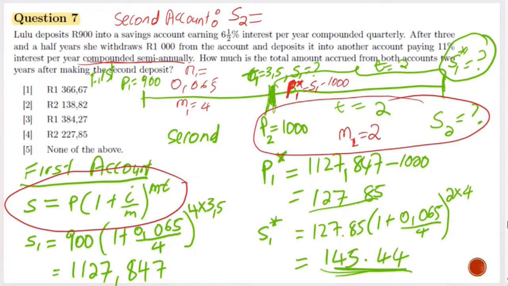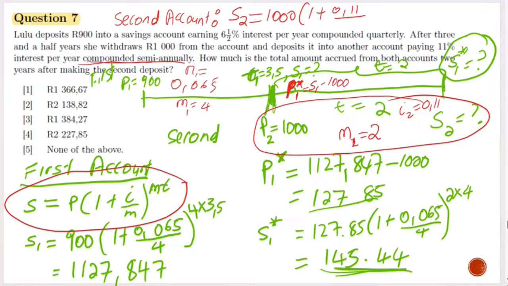It's a new account, so she opens a new account with 1,000. Then 1 plus the interest rate at Capitec. Capitec is charging her 11%, so I second is equal to 0.11.